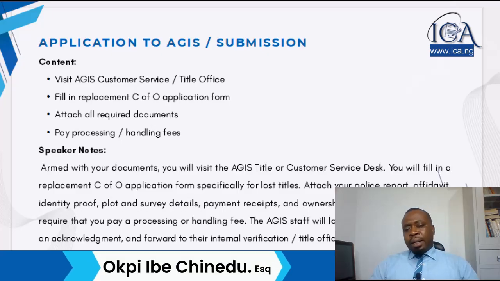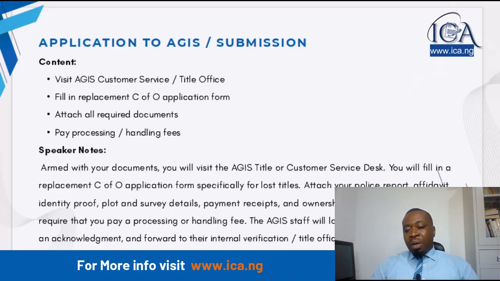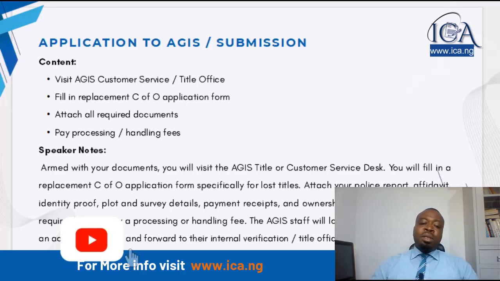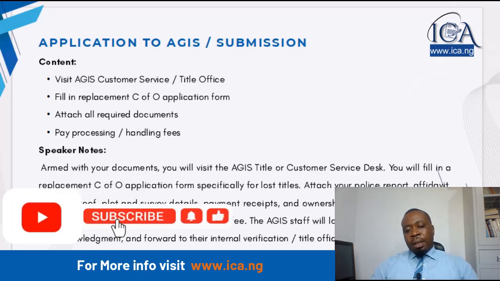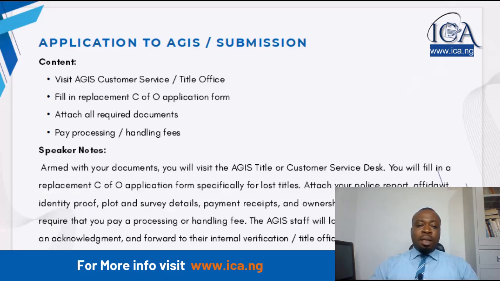After you have done that, you will also be expected to attach the police report, the affidavit that you have deposed at the High Court, and also the identity proof, the international passport, national identification number, or any other means of identification that will establish your personality.